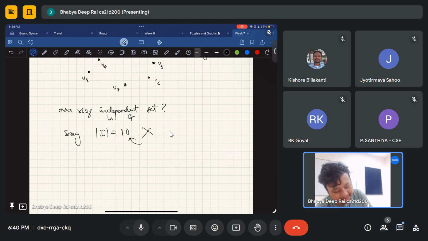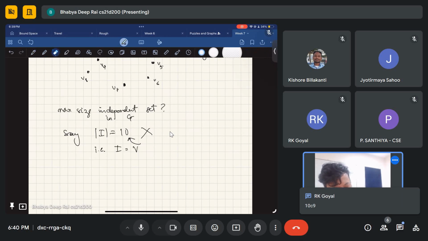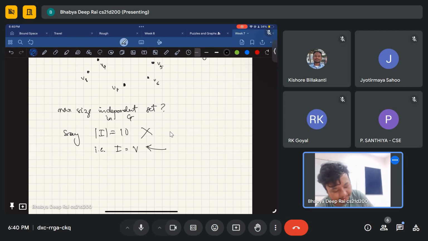Because if I choose all the vertices, since there are 10 vertices, I equals V. This cannot happen because there is an edge between V1, V2.